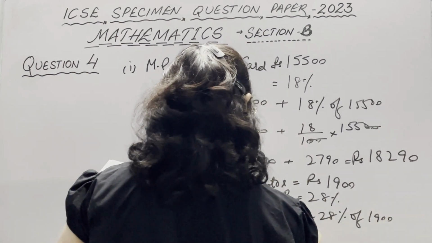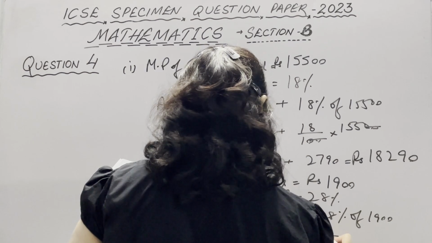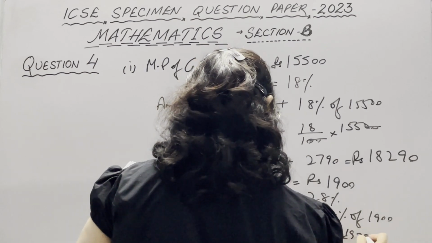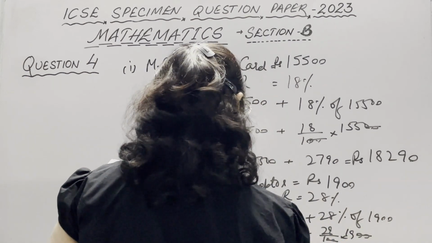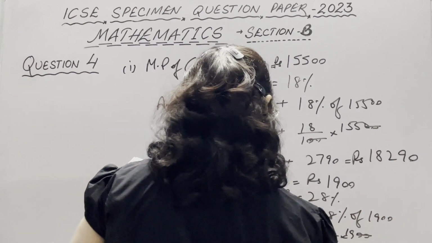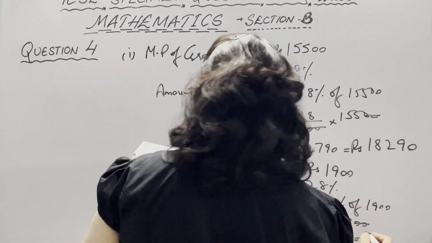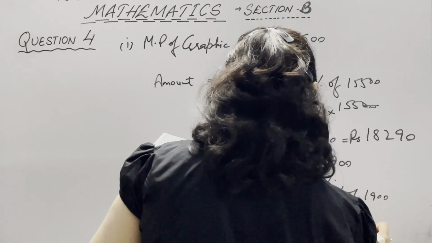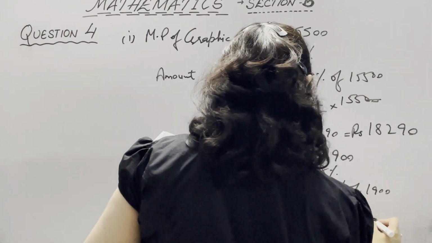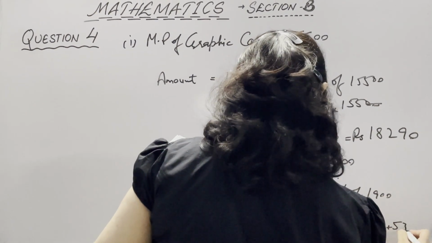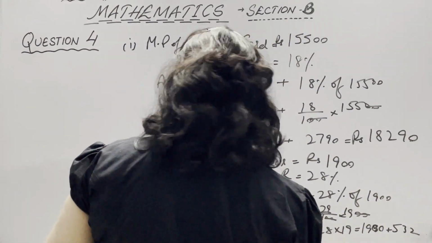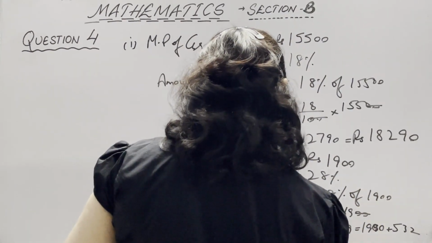It means 1900 plus 28 upon 100 into 1900. So 1900 plus 28 into 19, which is 532. So 1900 plus 532. Total rupees comes out to be 2432.